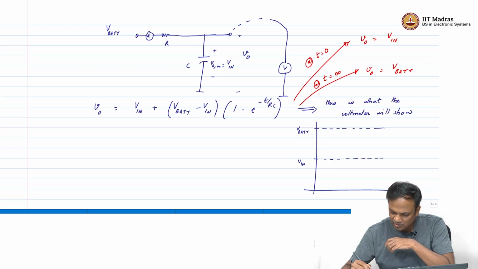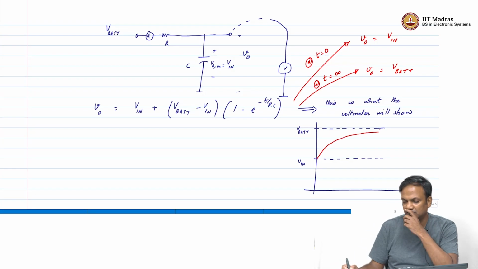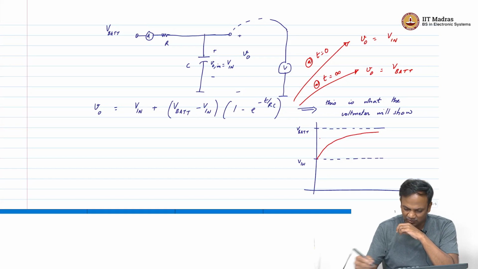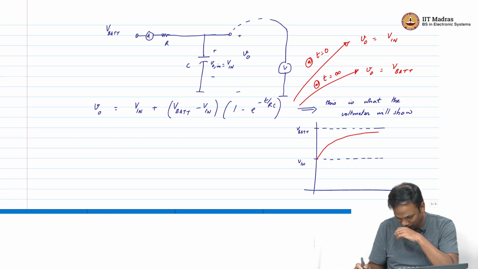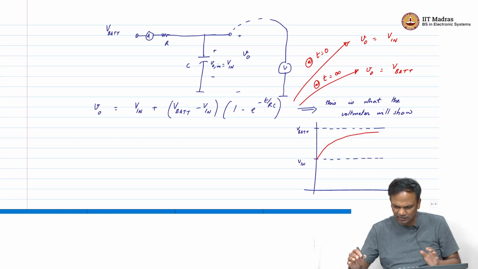The voltmeter will show something like this, right, where this is a 1 minus e to the minus t by RC type of curve. This is what the voltmeter will show.